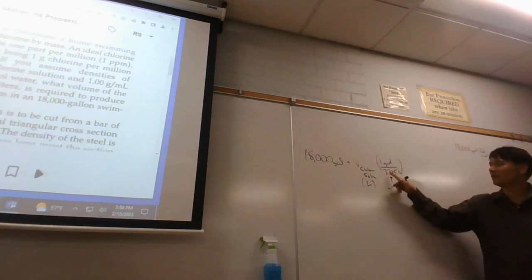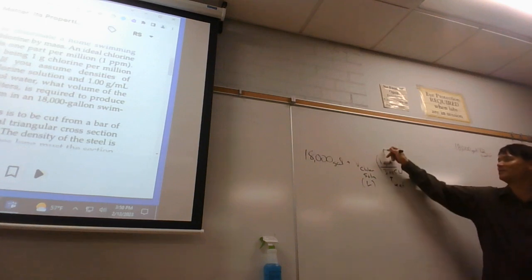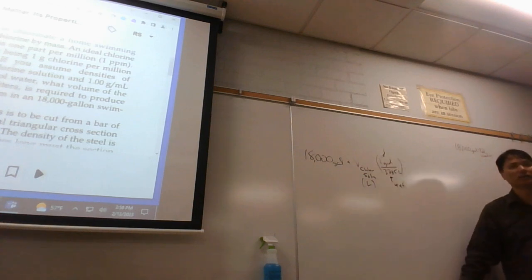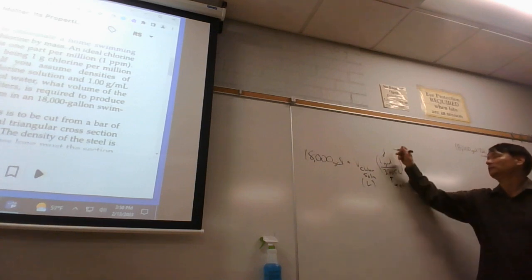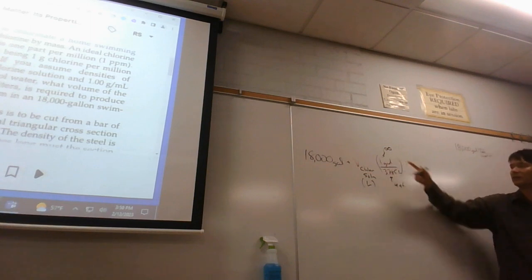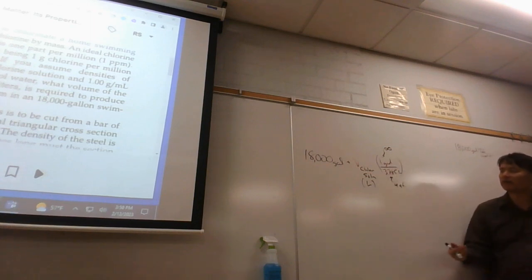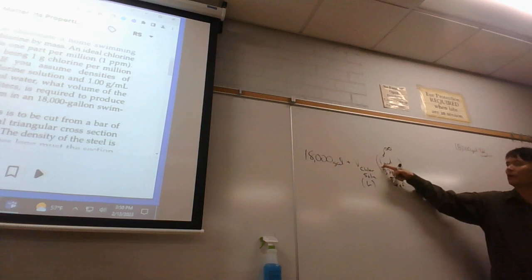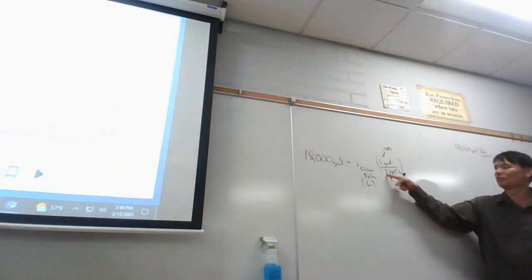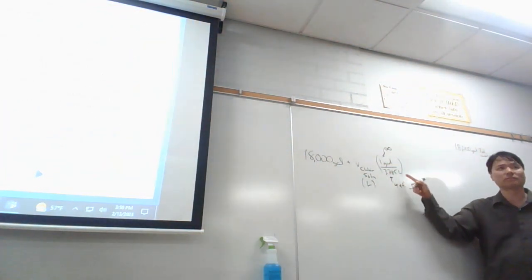Okay, if 3.785 is 4 sig figs, how many sig figs is 1? Yeah, this is going to be infinite here. The reason it's infinite is because it's just by convention. In exactly 1 gallon, there's approximately 3.785 liters.